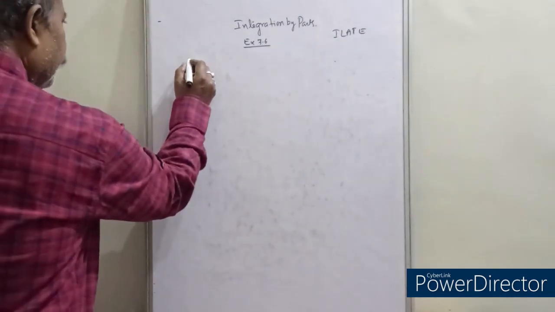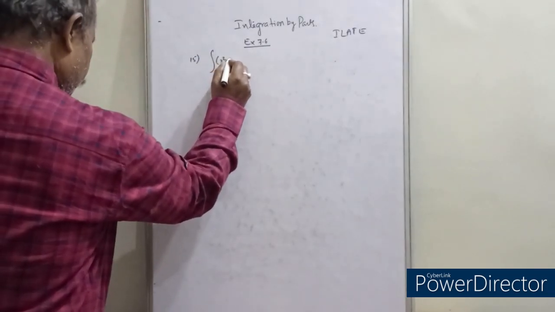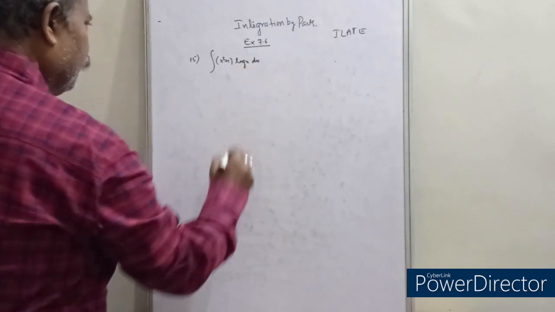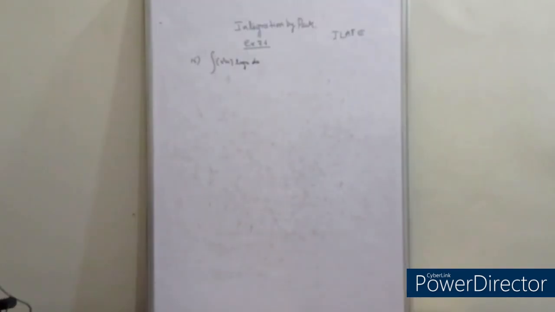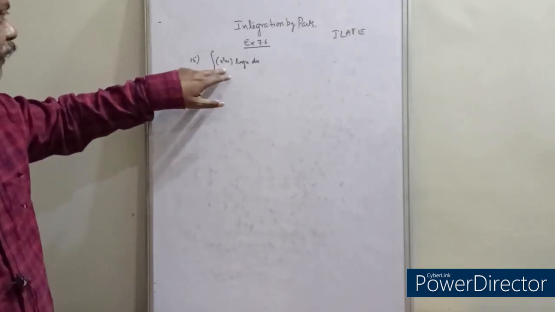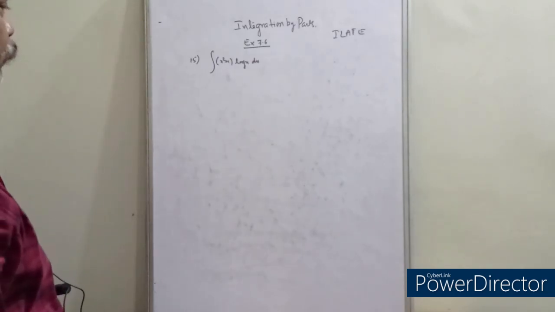Here, this is integration of x square plus 1 log x dx. This is question number 15. So how to solve it? Well, let us take this as algebra and this as the log function.